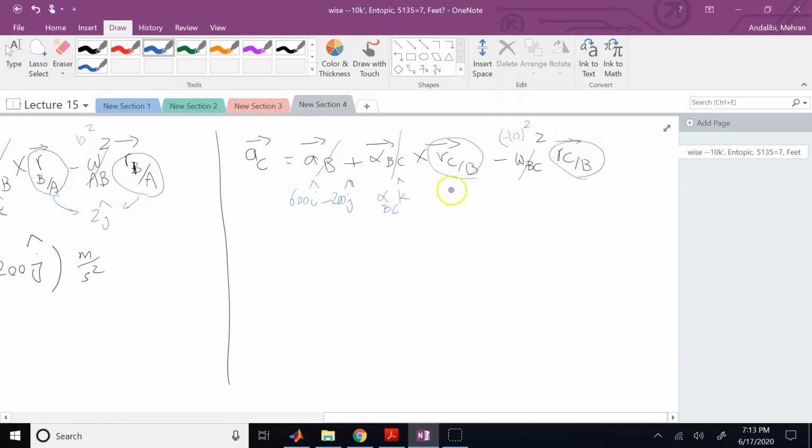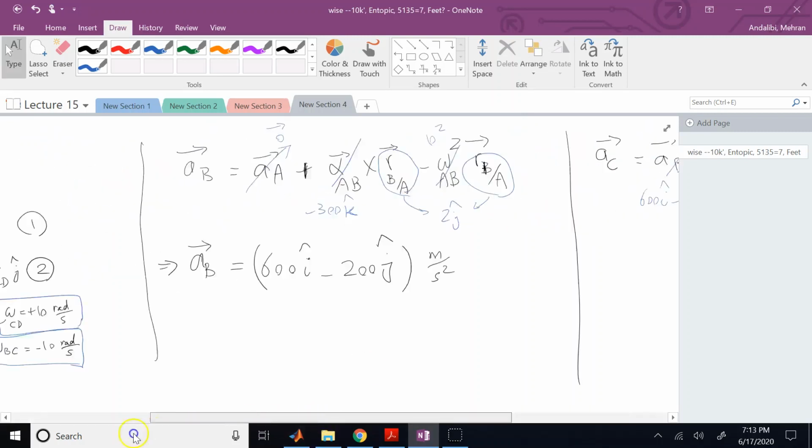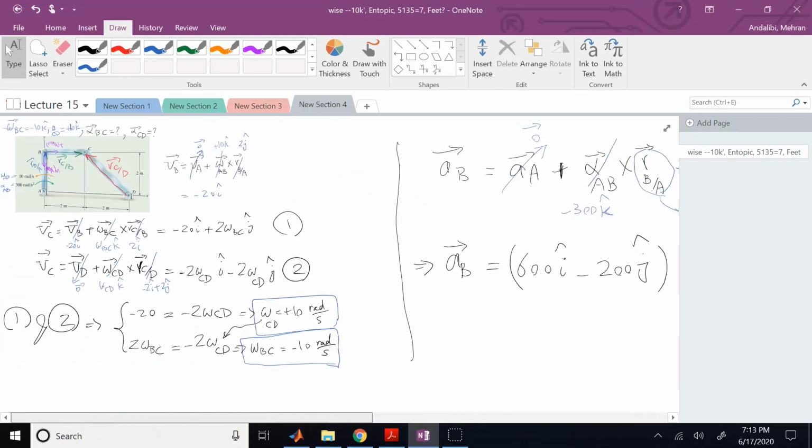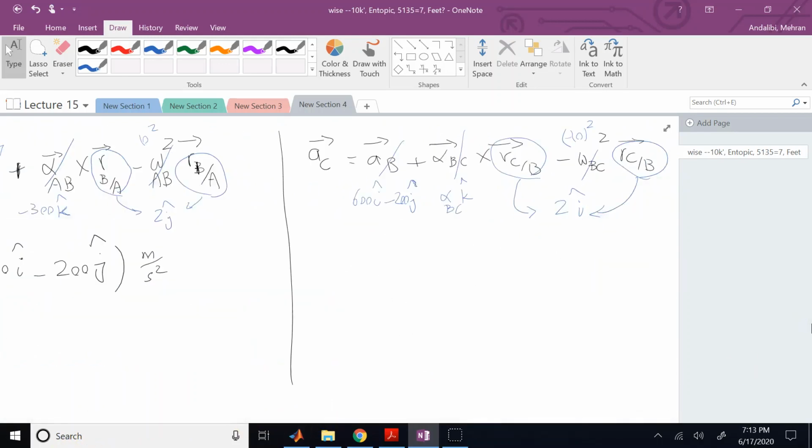And R of C with respect to B was 2I, right? If you go back and look at the picture. Good. So if you simplify this, you are going to get 600I minus 200J. And then here you have K cross I, right?